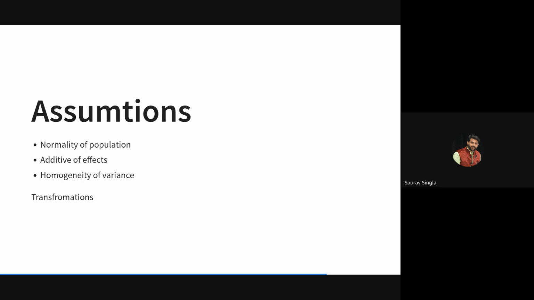So every time you were taking observations from a population, it is assumed that these observations were a sample out of a normal distribution, not any other distribution. That is the assumption of normality. Okay, is it clear? Normality assumption.